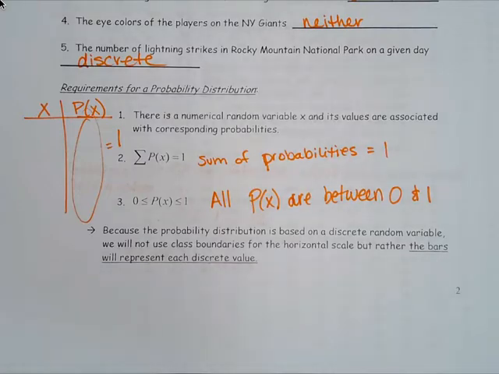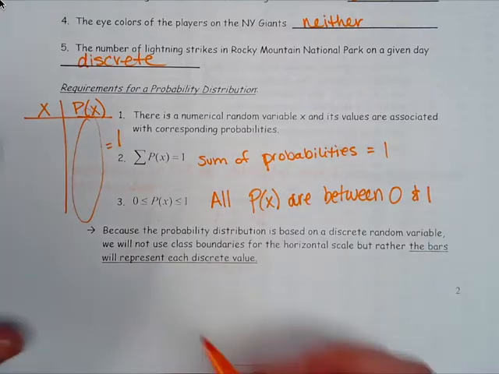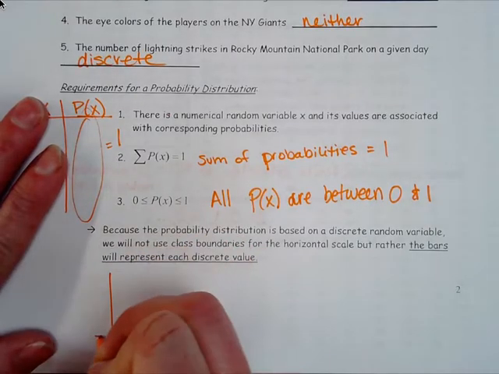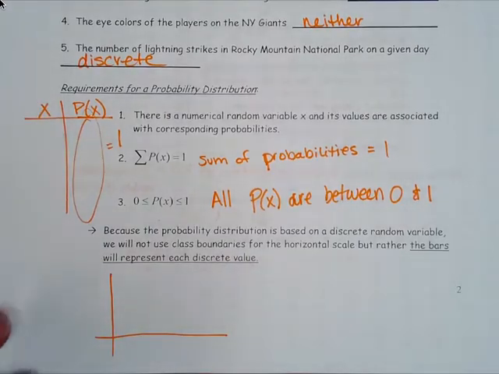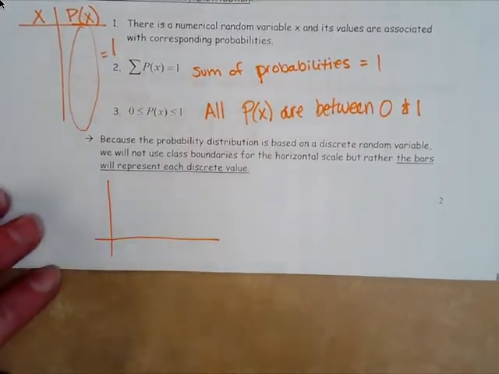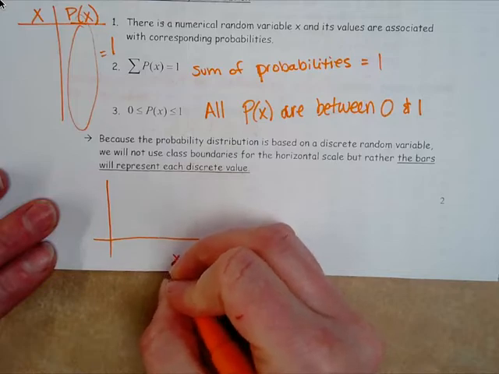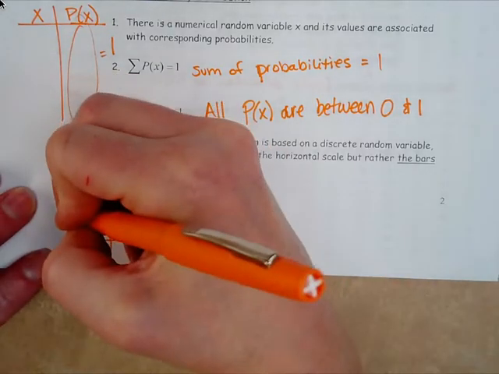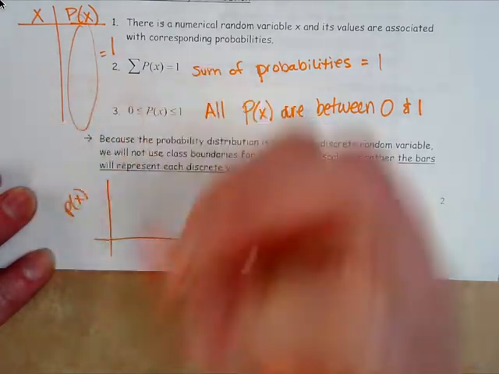Because the probability distribution is based on a discrete random variable, we will not use class boundaries for the horizontal scale, but rather the bars will represent each discrete value. So whenever you create your table, your chart, like your histogram, this is going to represent x, and this is going to represent p of x.